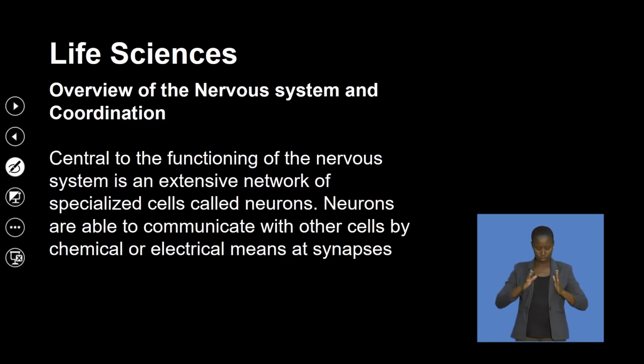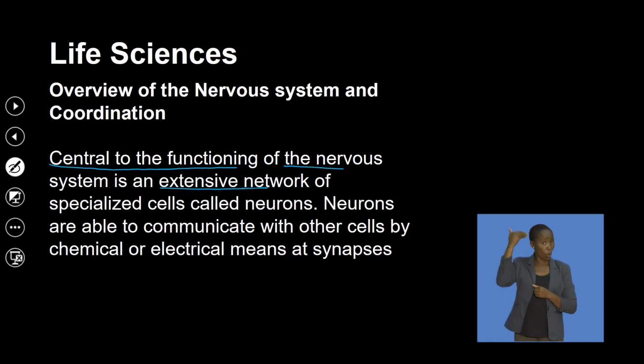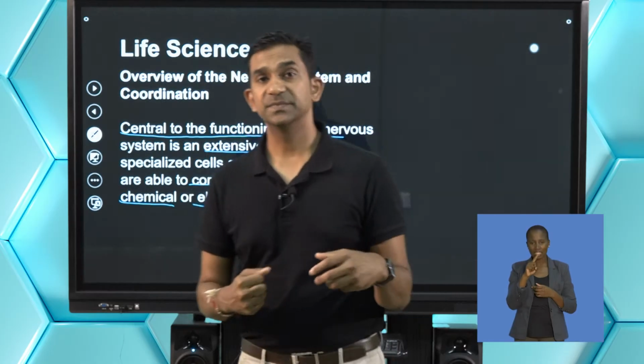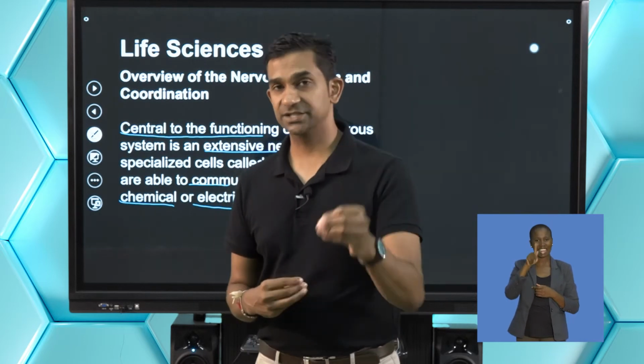Central to the function of the nervous system is an extensive network of specialized cells called neurons. Neurons are able to communicate with other cells by chemical or electrical means at specific connections called synapses. So we know that the nervous system uses electrical impulses.